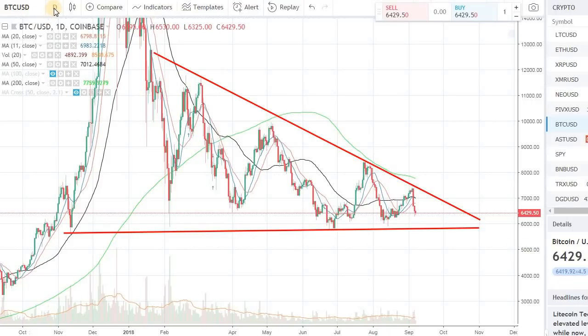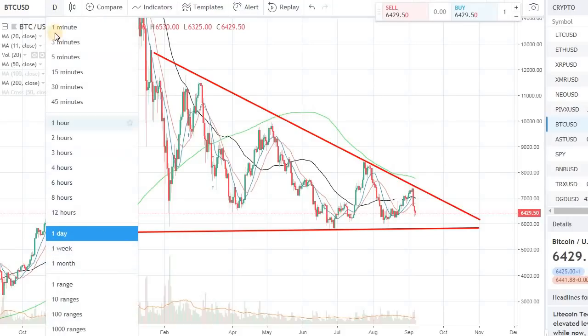We usually look at the dailies. What it means by daily is, when it says 1 day, every candlestick you see here is the duration of a day: the opening of that candlestick, and then the closing. Let's say it opens on the top and closes on the bottom, that will create a red candlestick because it ended the day on the negative side from its opening position.